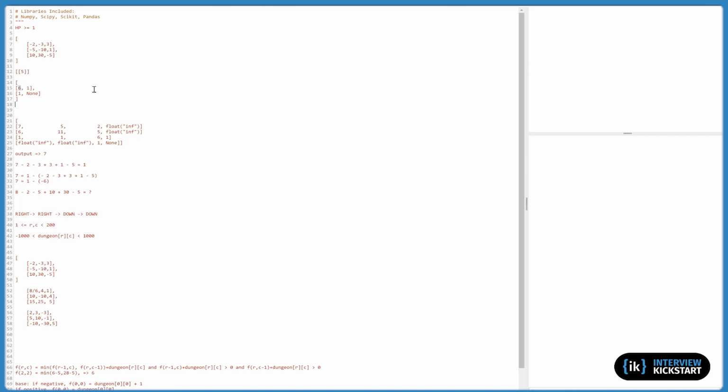So our condition here is, if the value is negative, we have to take the minimum of the two values, one here, one here, and add or subtract, because we want the minimum health, or the amount of damage you take from that cell.